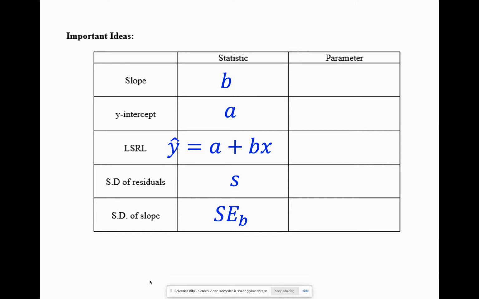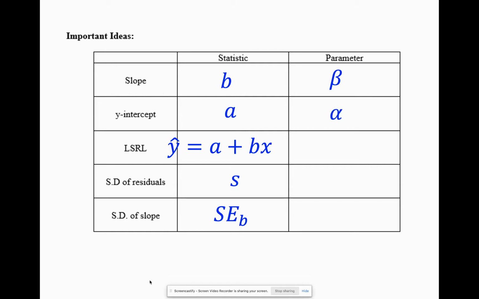Now, with a parameter, what we're talking about is a true value of a slope for a population instead of just a statistic that we get from a sample. So in our seat example, if we had all possible students and we plotted their seat location versus their exam score, what would be the slope of that least squares regression line? The parameter we would use there would be beta.